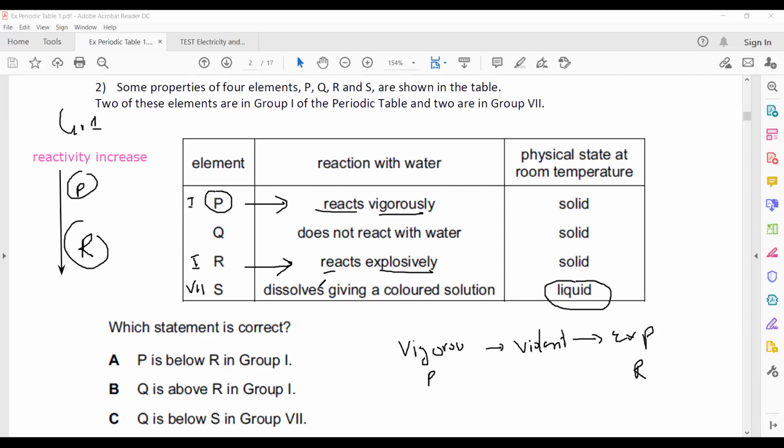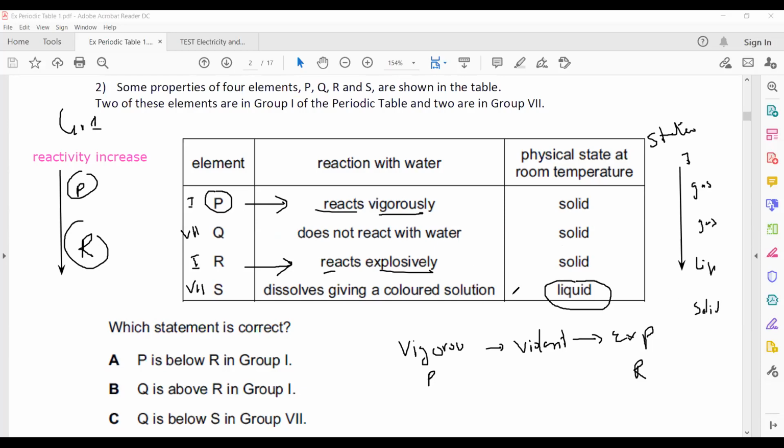Q does not react with water but dissolves, giving a colored solution. For the state we can identify, because for group 7, as we go down the group, the first two elements of group 7 are gases, then liquid, and then solid.